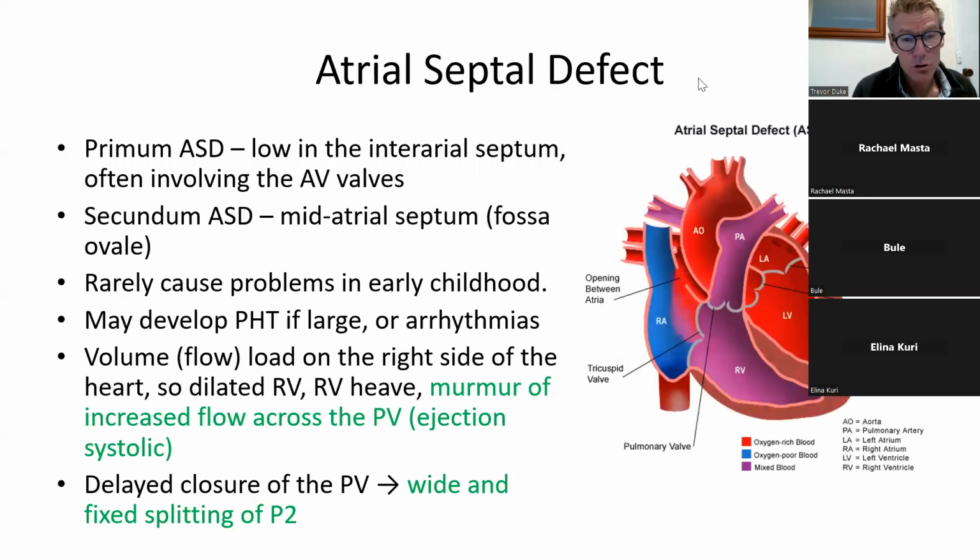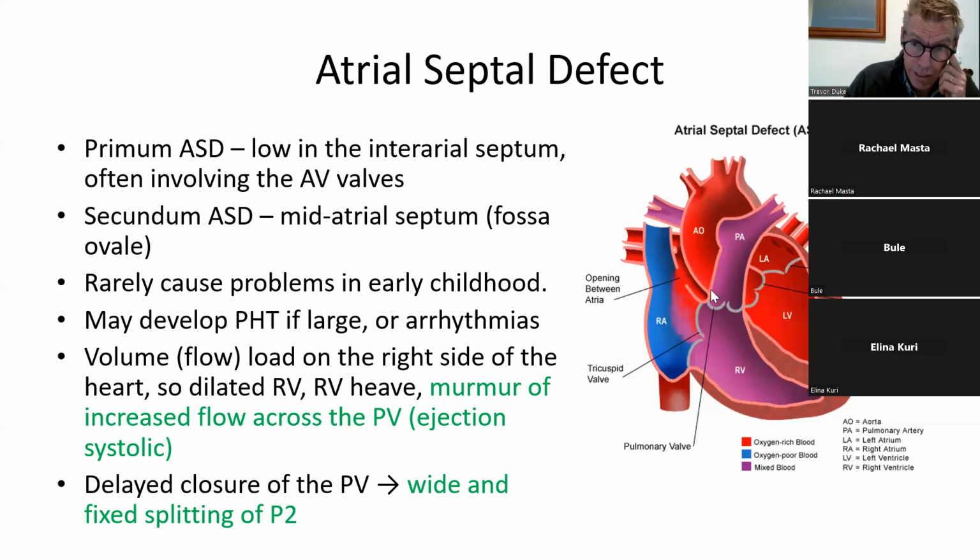I won't talk too much about atrial septal defects because they're very common, but they're less common causes of heart failure. They can cause problems in early childhood, but it's much rarer. Atrial septal defects are of several types. Sometimes it's a mid-atrial septal defect, and sometimes it's much lower down on the atrial septum.